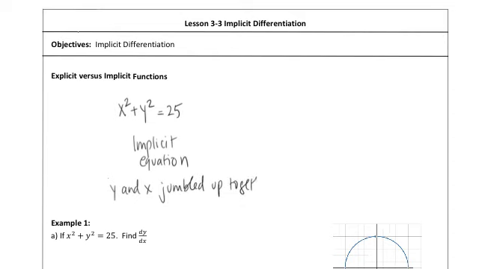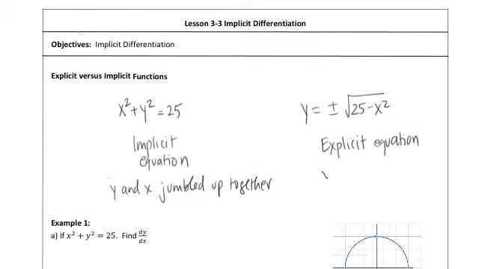If you have the same equation where you put y alone on the left side, by just subtracting x squared and taking the square root, you'd get an equation that looks like this. This one is called an explicit equation because y is alone on the left side, right?